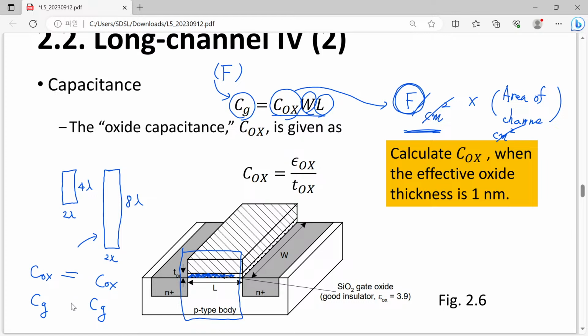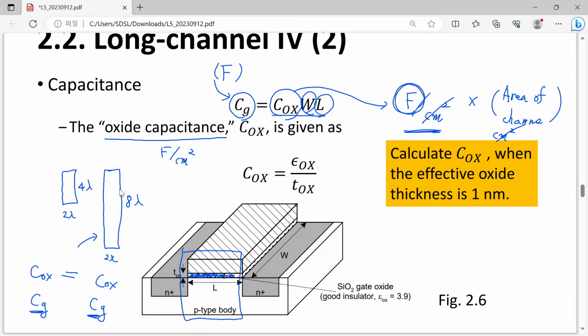So oxide capacitance, although it is written as capacitance, is not in farad unit but in farad per square centimeter. And this is just a technology dependent parameter, not area dependent. However, you know, this gate capacitance is actually the capacitance multiplied by the area.